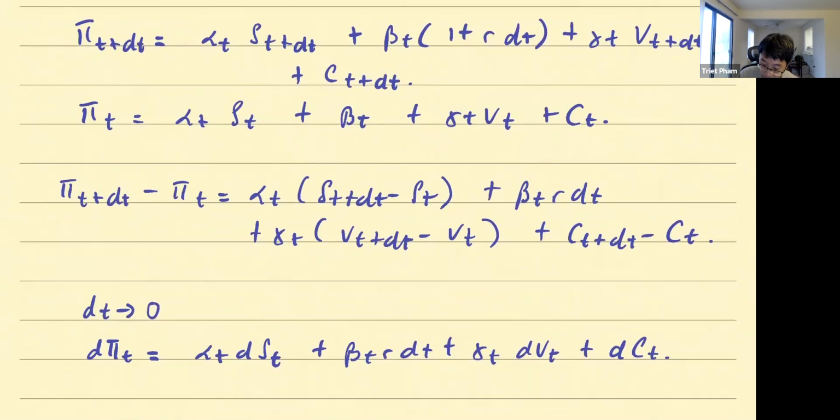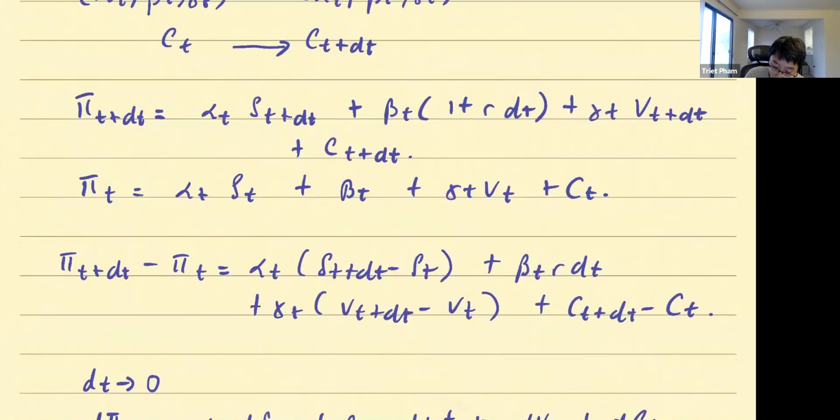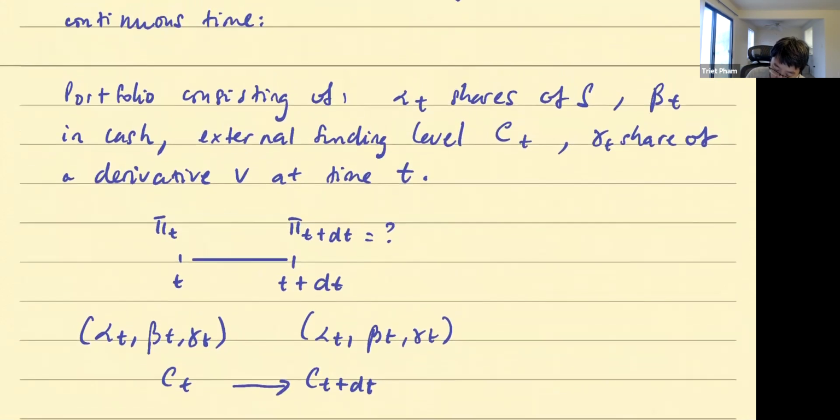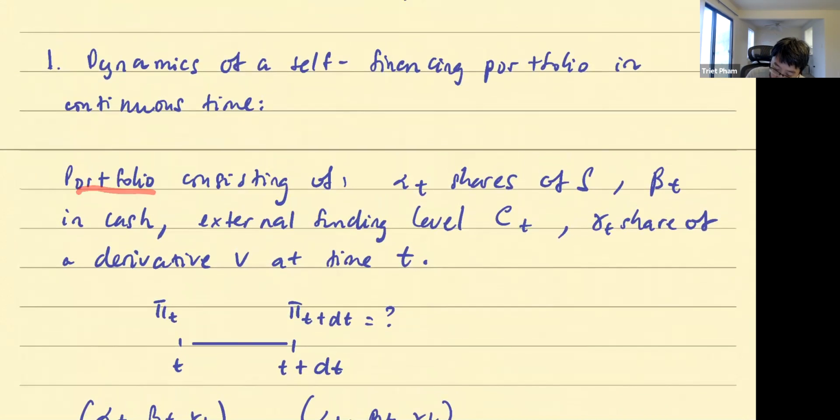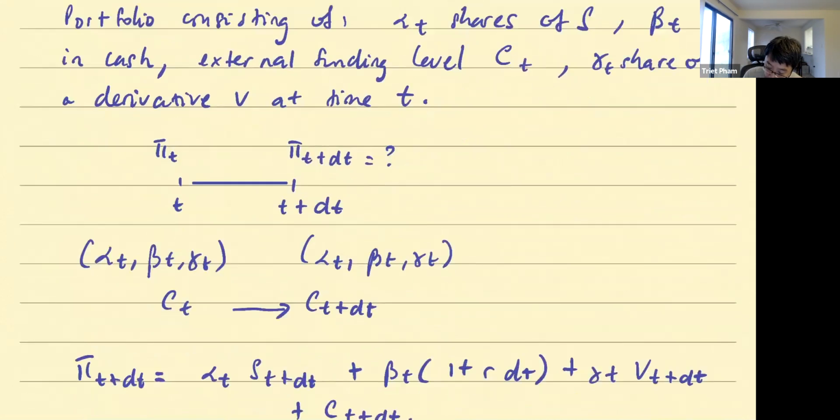Where of course, these are just denoting the change in each of the components as we push the time interval to 0. And so this is any generic portfolio. Any generic portfolio will have this dynamics.